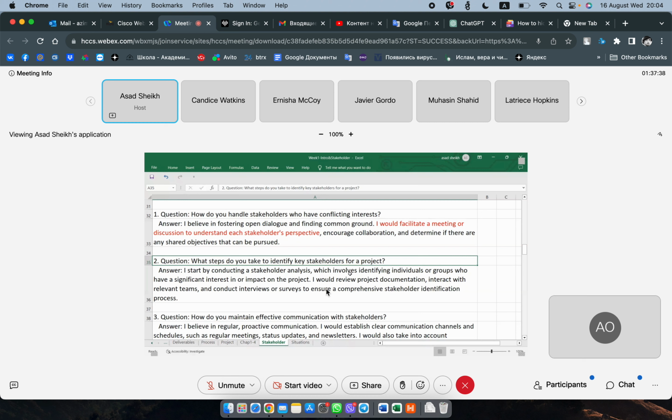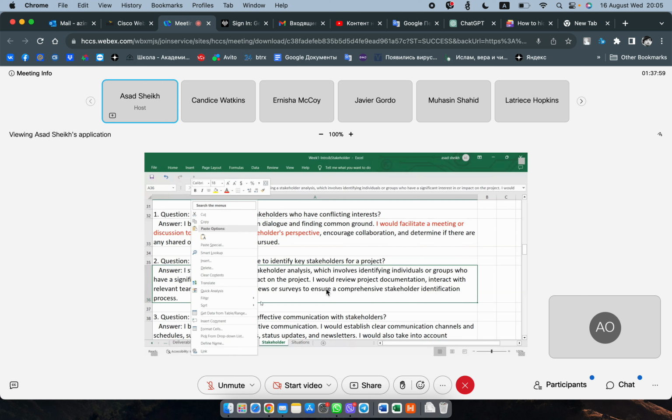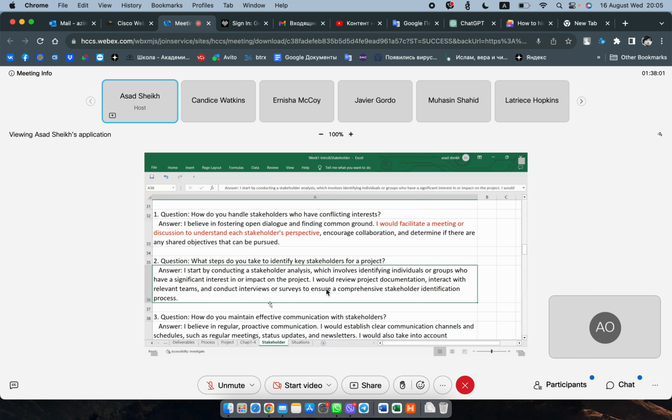In the charter, there is an element called stakeholder names. So you start to identify them right at the outset, and it continues. I would review project documentation, interact with relevant teams, and conduct interviews or surveys to ensure a comprehensive stakeholder identification process.